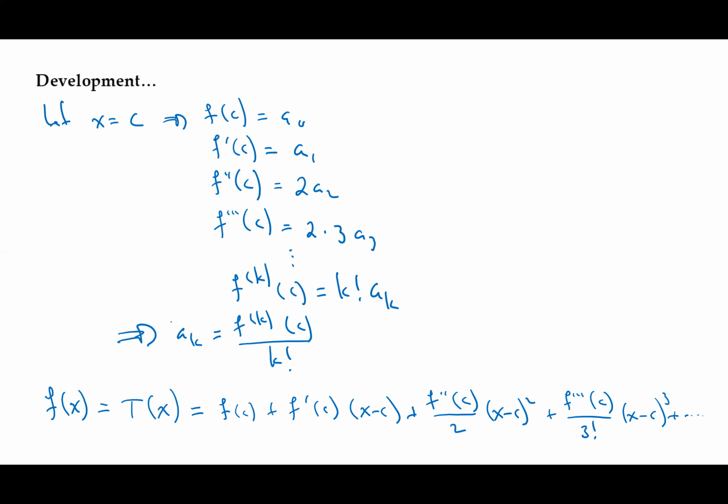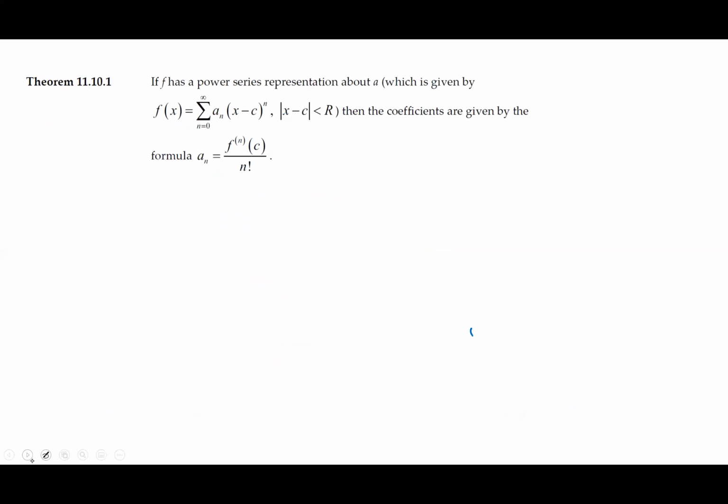And so the advantage now is that we know how to get those coefficients. And so if f has a power series representation about c, given by the usual, then the coefficients are given by this formula. How powerful is that?